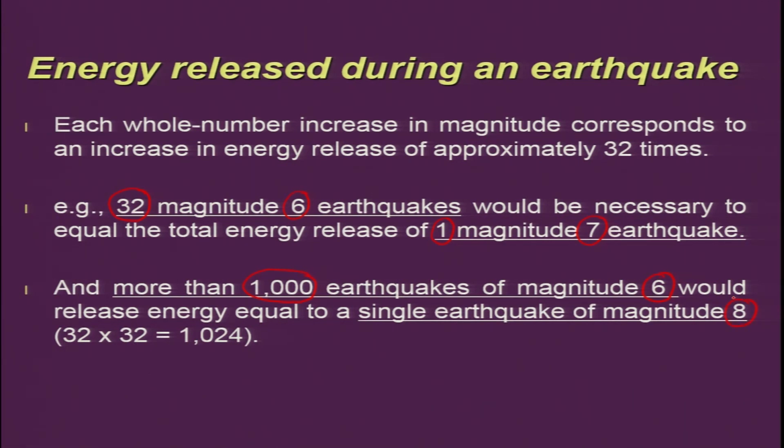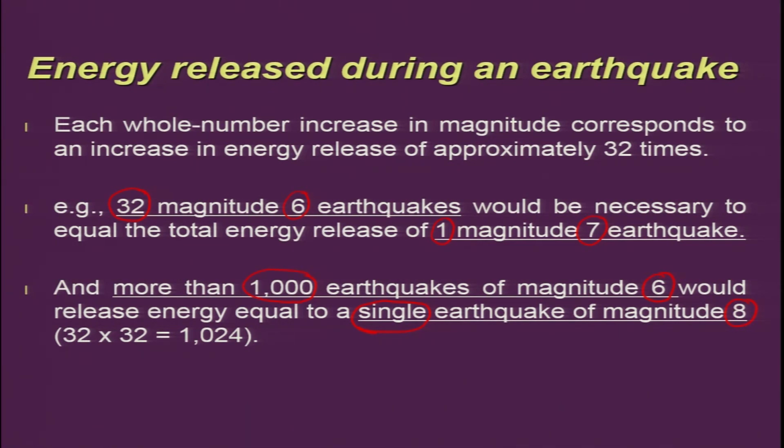So you can imagine that the Himalayan region is capable of triggering, based on the deformation pattern, the energy which is available. The Himalayan region can trigger an earthquake of magnitude 8, and if you are having continuously about 1000 earthquakes, that will be able to suffice the energy of only a single 8 magnitude earthquake. So this is the difference between the magnitudes and the amount of energy.